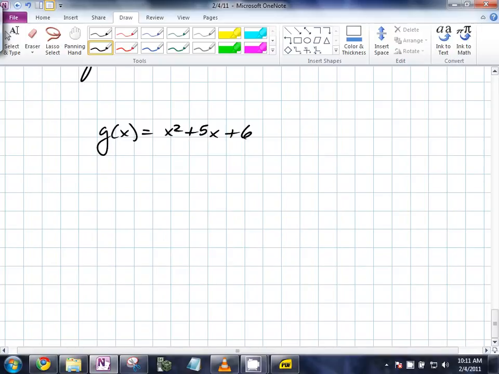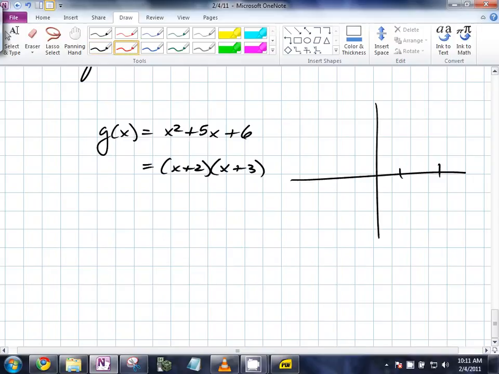Here's 2, here's 3. Here's your parabola. Again, what were the zeros of the polynomial? 2, 0, and 3, 0. Correct?